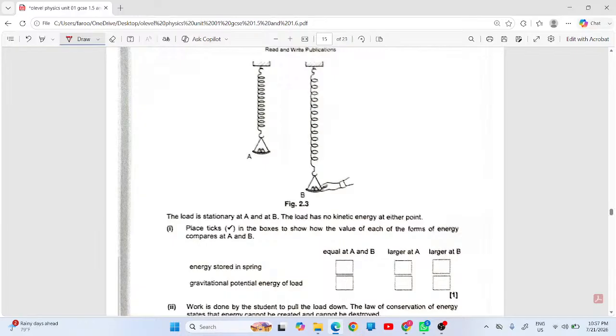The load is stationary. Load has kinetic... tick in the boxes how the value of each form of energy compares at A and B. Energy stored in the spring. Gravitational potential energy stored.